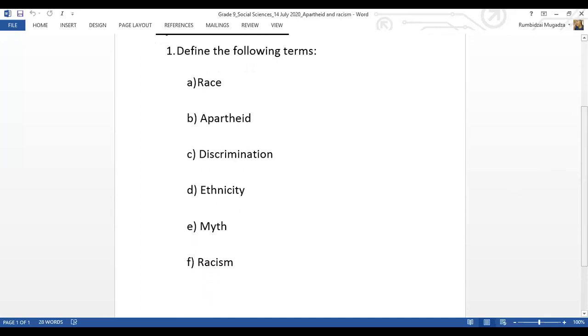C, discrimination. D, ethnicity. E, myth. F, racism. So you define those six terms. Copy them somewhere.